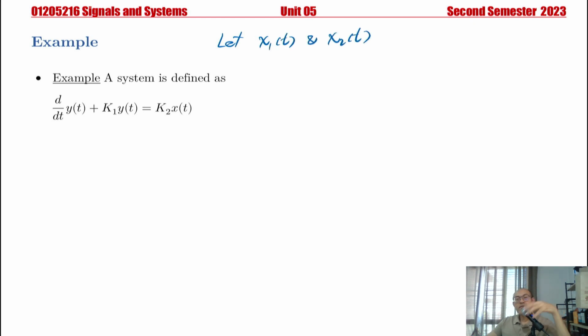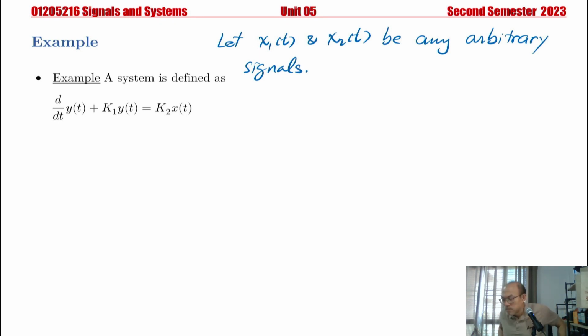Now, to show that something is linear, we're always going to start with this sentence: let x1 and x2 be any arbitrary signals. Then, you see, from this equation, the system takes the input signal to here, and if y is the output, then y has to satisfy this equation.